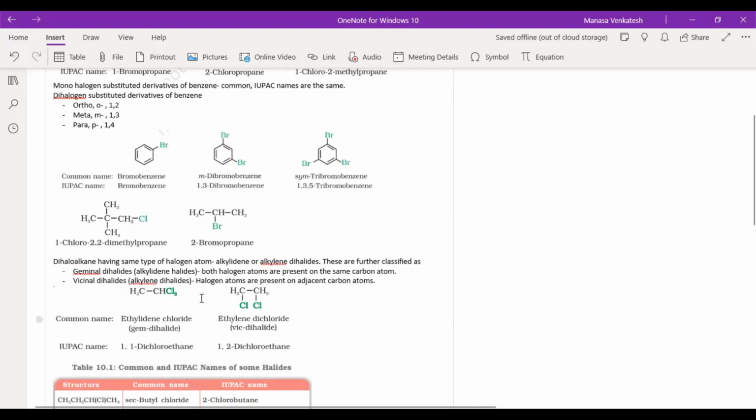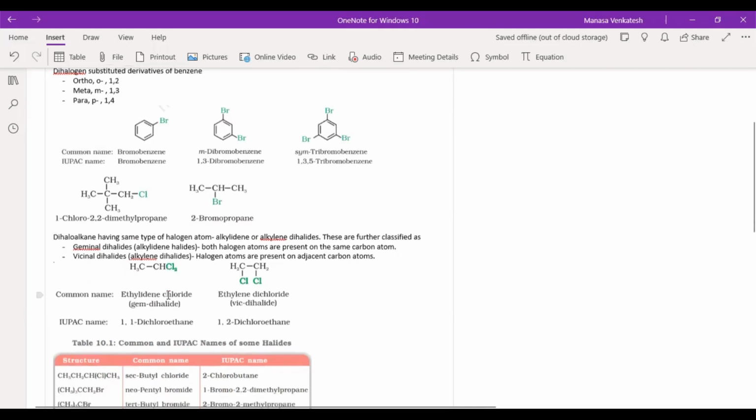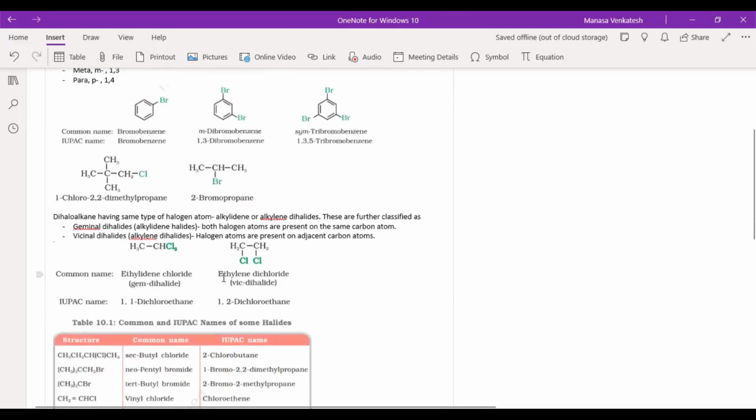So that's vicinal. Geminal is both of them being attached to the same carbon atom. So ethylidene dichloride, ethylene dichloride. Whereas in case of IUPAC, it's pretty straightforward. So you have 1,1-dichloroethane and 1,2-dichloroethane.